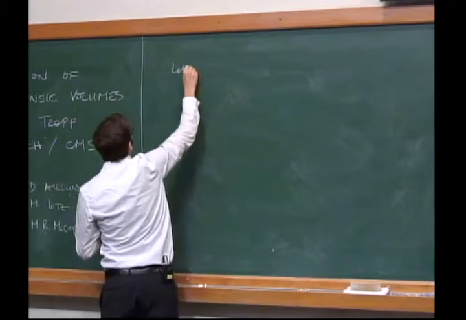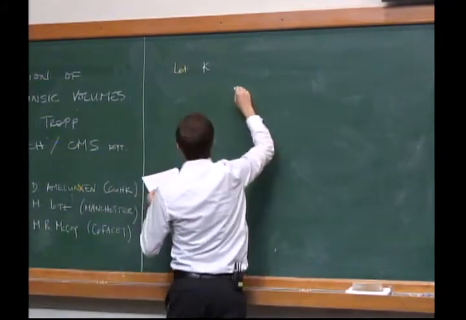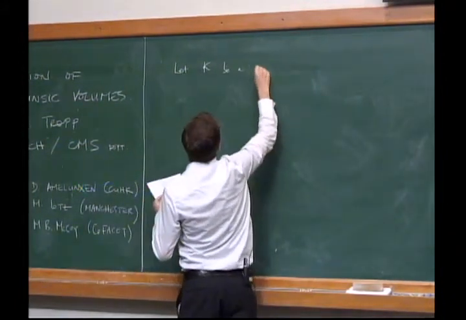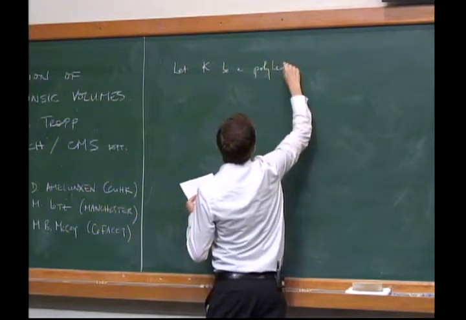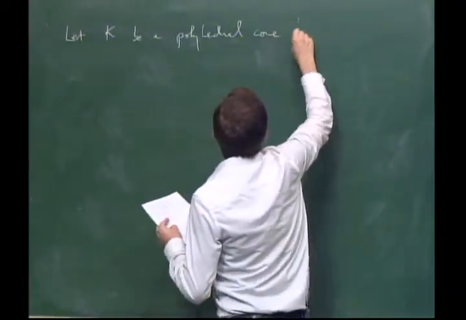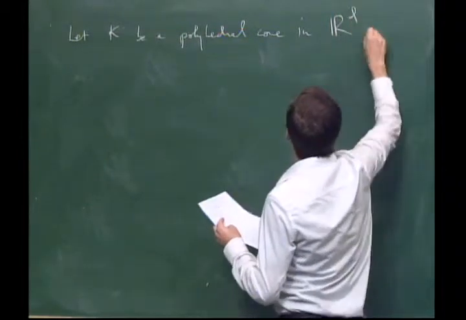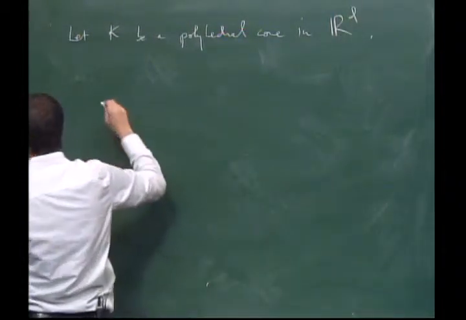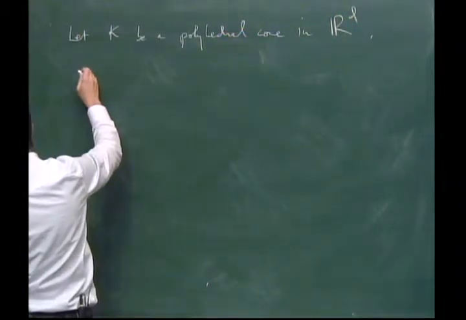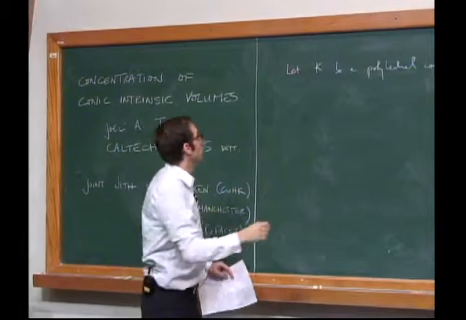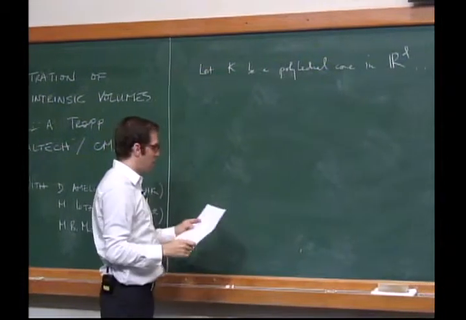So what we're going to do is restrict to the case where K is a polyhedral cone. I'm also going to assume that the function is bounded and continuous, though we'll come to that in a minute.